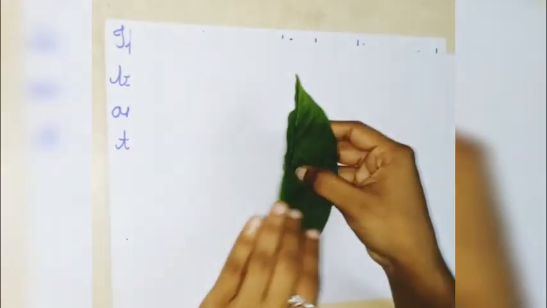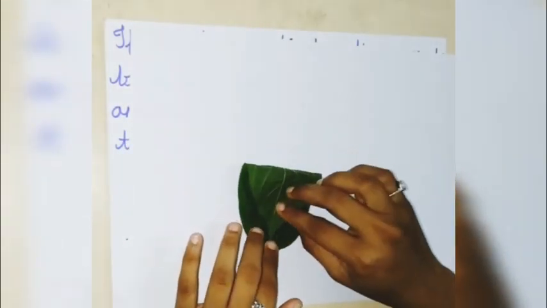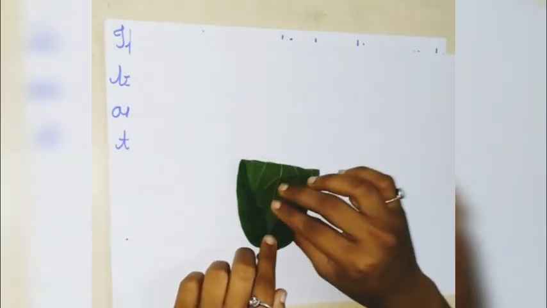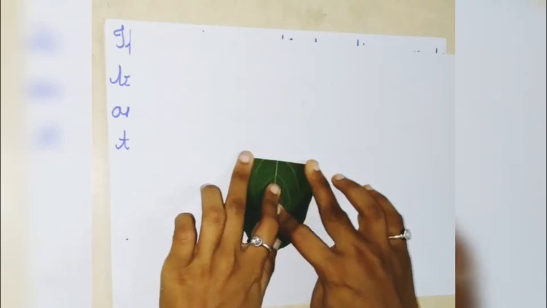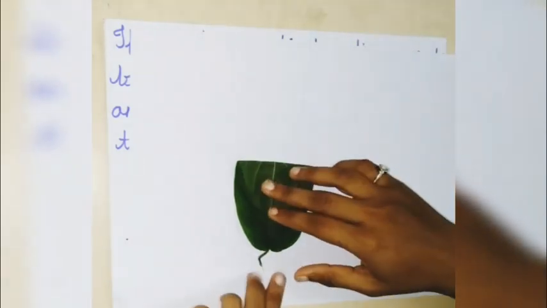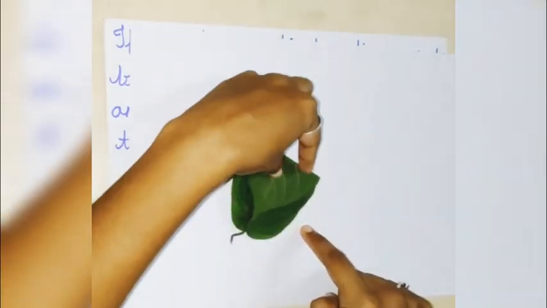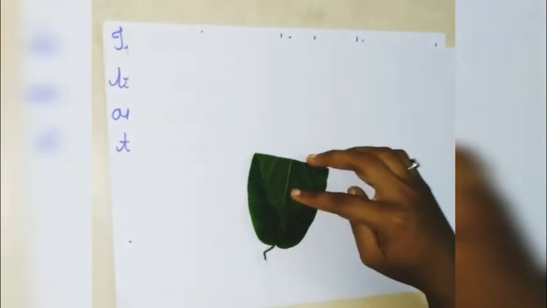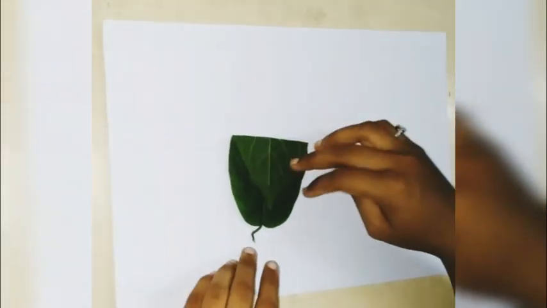Now, fold the same leaf in different ways. But children, what do you see? One part of the leaf does not fall exactly on the other. बच्चों आपको दिख रहा है यहाँ पे?